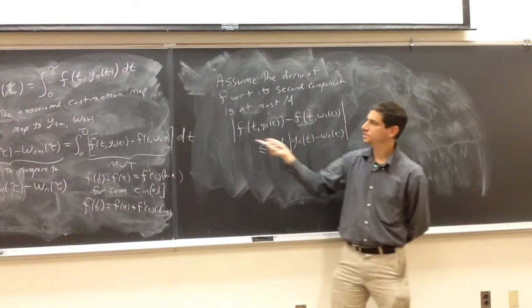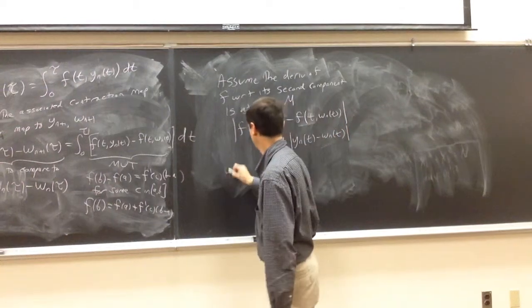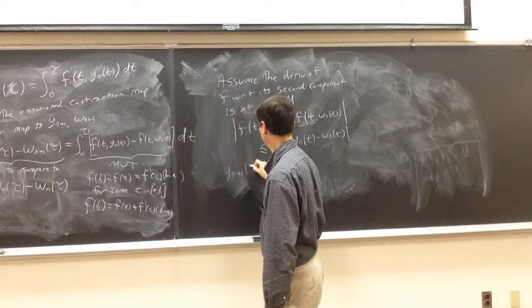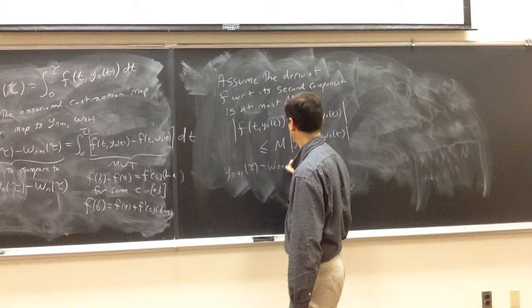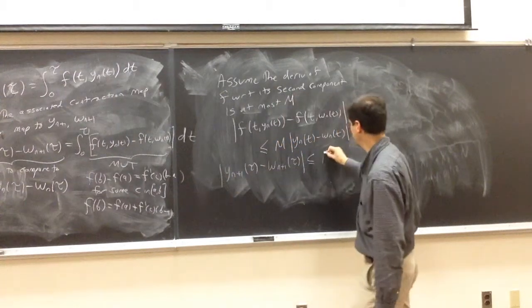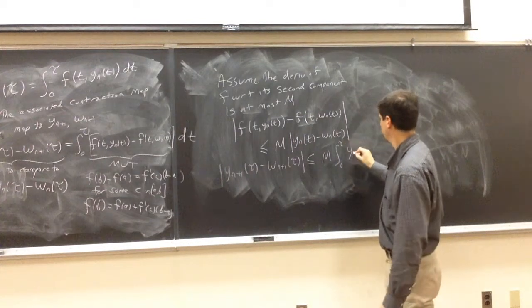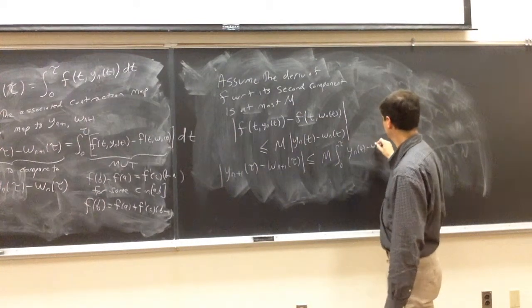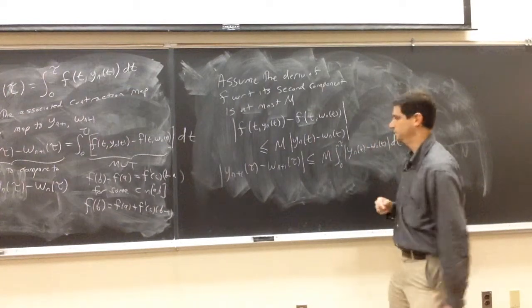And now I'm going to integrate this from 0 to tau. And so now we would get yn plus 1 of tau minus wn plus 1 of tau in absolute value is less than or equal to m times the integral from 0 to tau of yn of t minus wn of t dt.